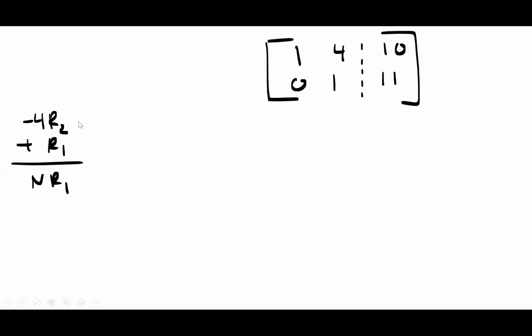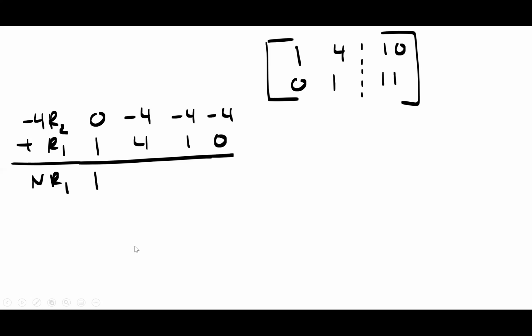-4 row 2, add it to row 1 to get a new row 1. And let's see what happens here. So this is 0, -4, -4, -4. The row 1 piece is 1, 4, 1, 0. And add them up and we get 1, 0, -3, -4.